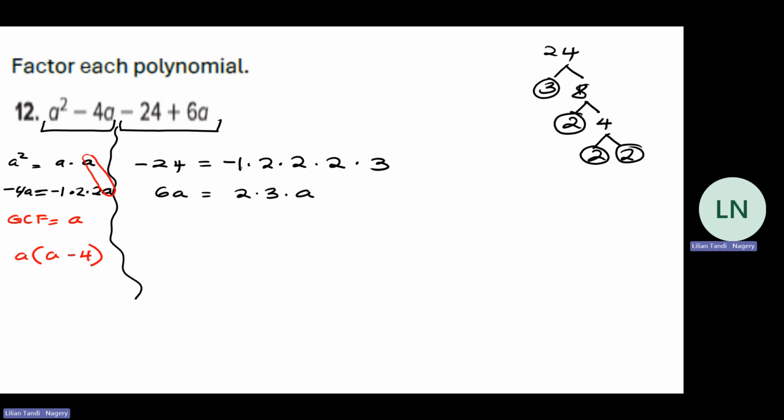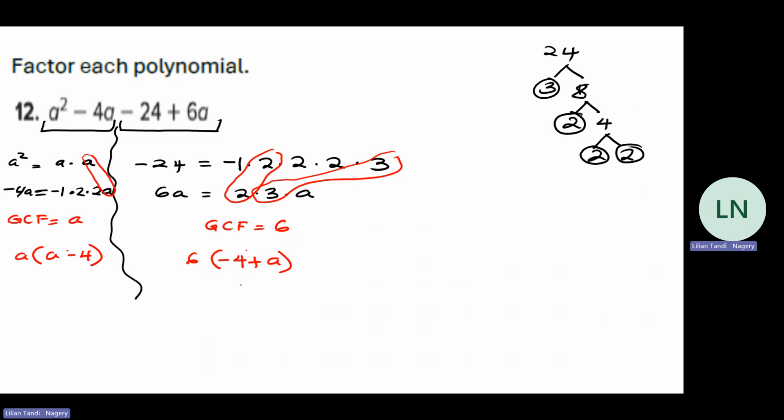Okay? Now let's see here. We have 2. We have 3. So greatest common factor is 6. 6 outside. We are left with negative 4 plus a. This and this are the same, even though I started with negative 4.